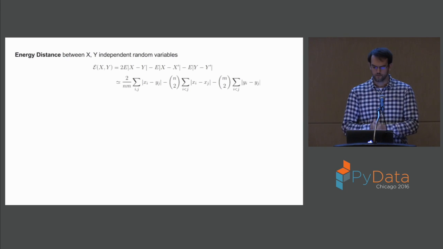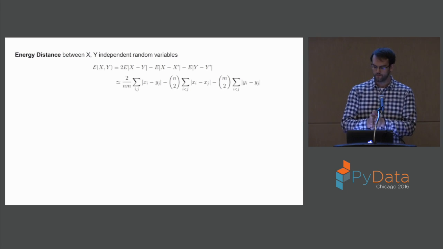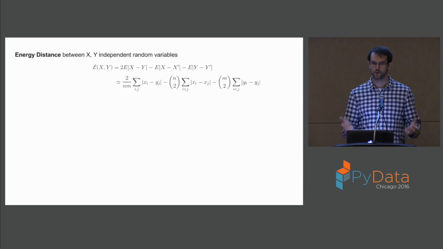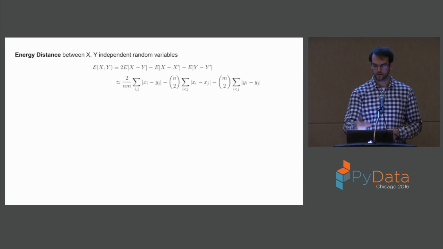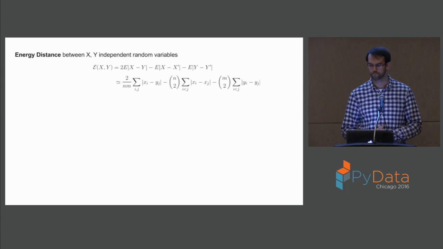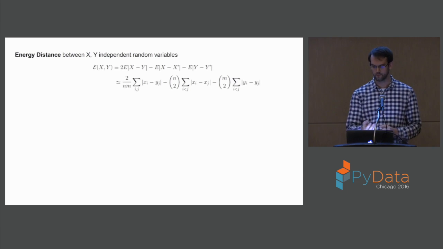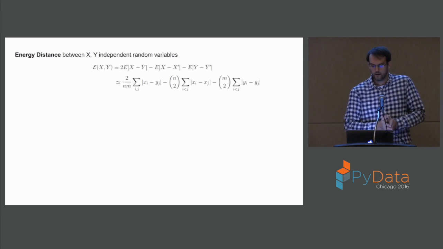Okay, so these xi's are samples of the random variable x, and the yi's are samples of the random variable y. So we can approximate this energy distance with this formula, replacing the integrals and the expectation values with finite sums.